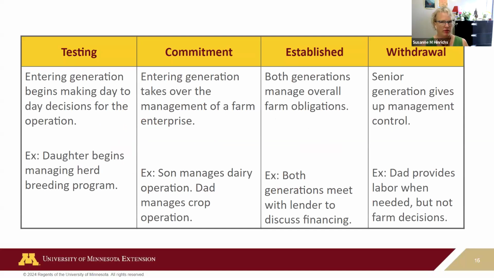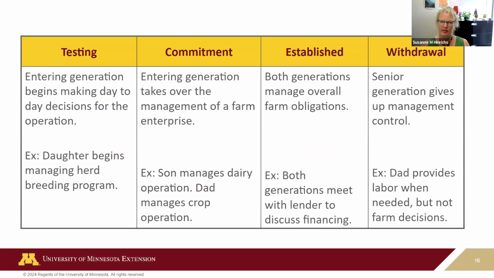So here's another example that we want to give you of how you could think about these stages. If you're testing the waters, maybe you have a daughter who is coming into the farm. Maybe she's been working on your farm all along. You want to have her as the entering generation be able to start making some day-to-day decisions and also those overarching management decisions.